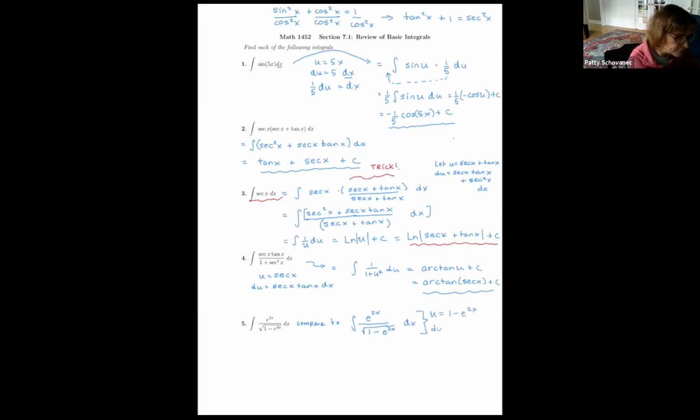Because its derivative, for the most part, is going to be in the numerator. Right? Derivative of an e to the 2x has an e to the 2x in it. And so I can do that second integral by taking u to be all the stuff under the radical sign. And then my numerator is the du.